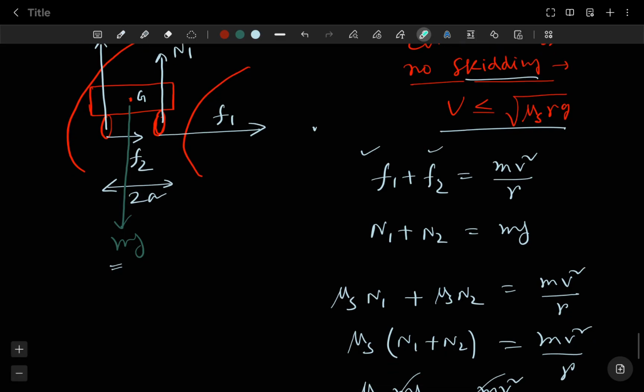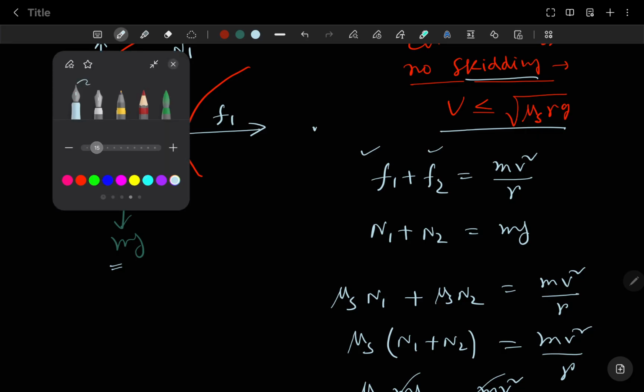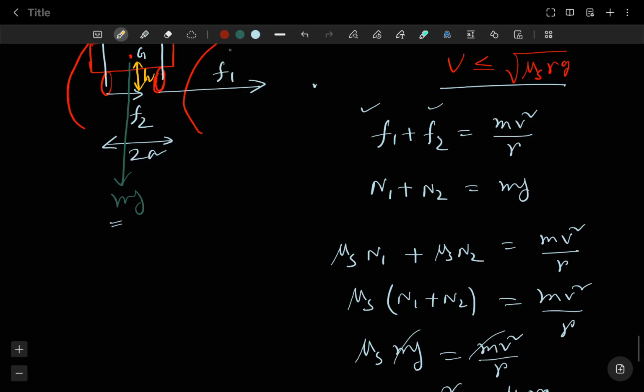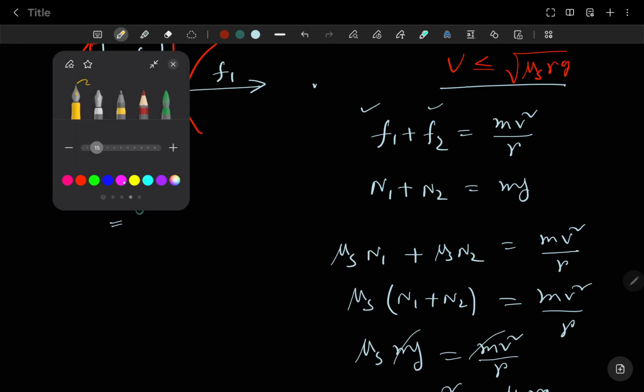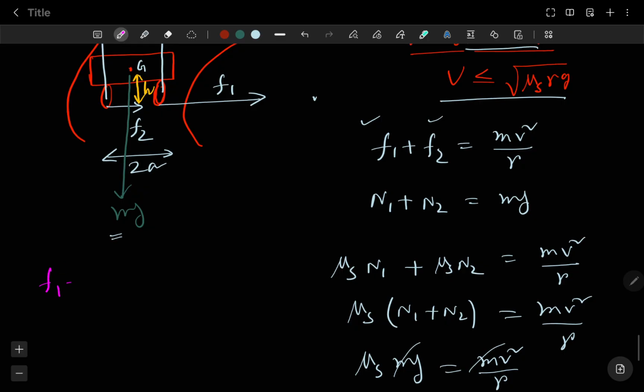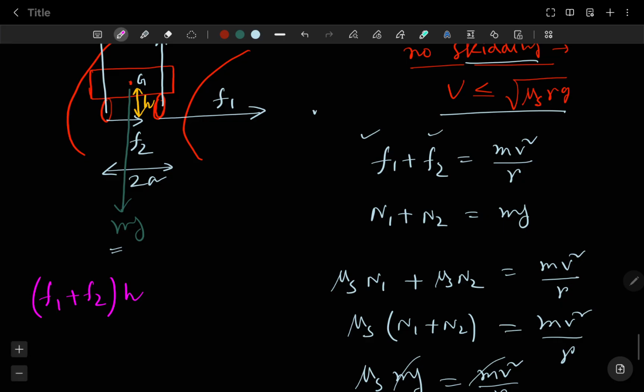So let us write, suppose the center of mass is at a height of h from the ground. So the torque because of the frictional forces will be F1 plus F2 into the perpendicular distance h about the center of mass.